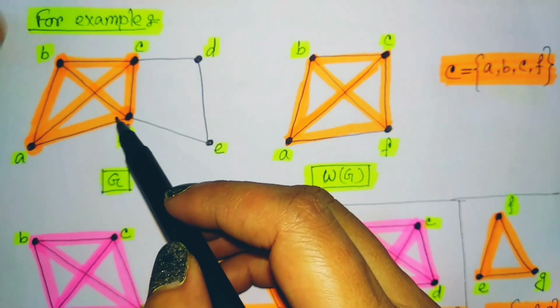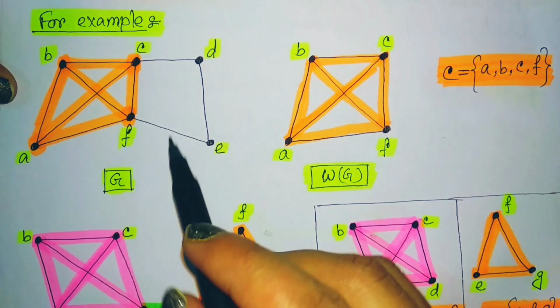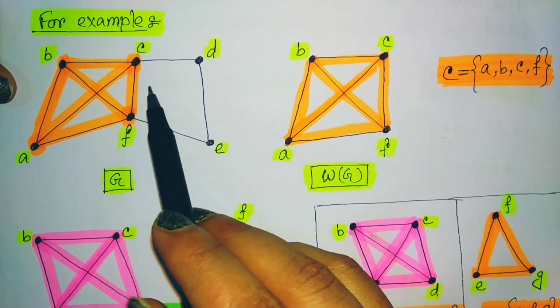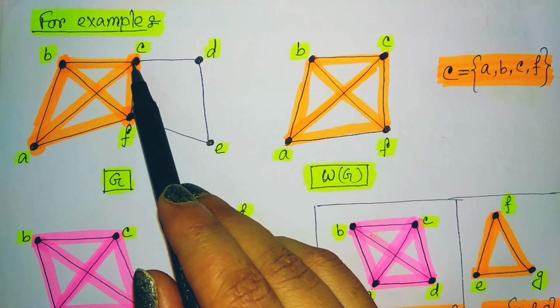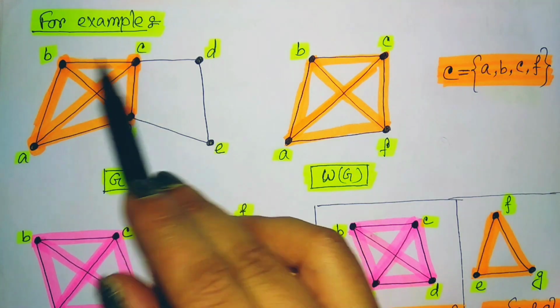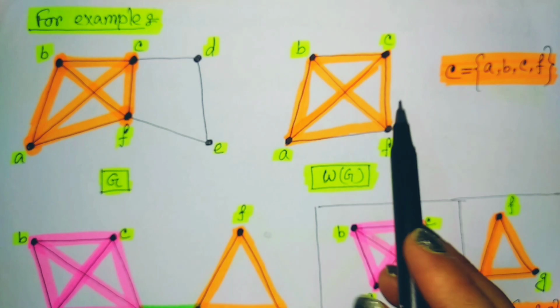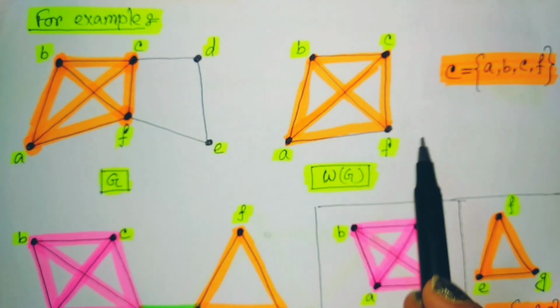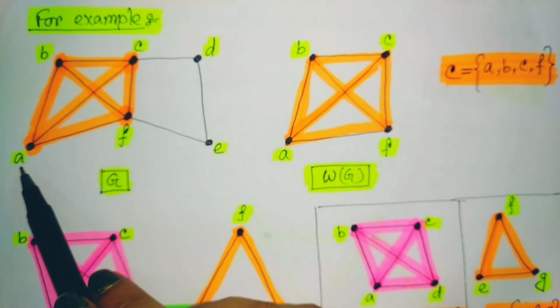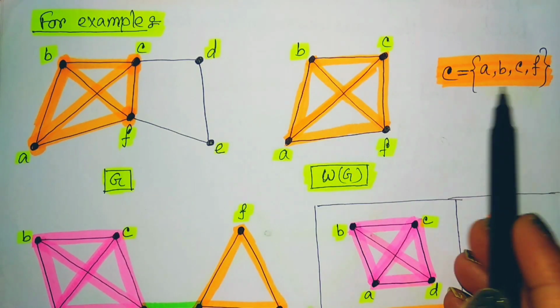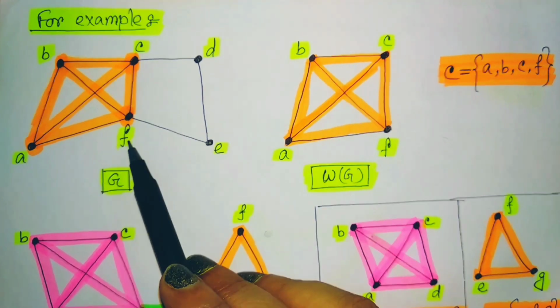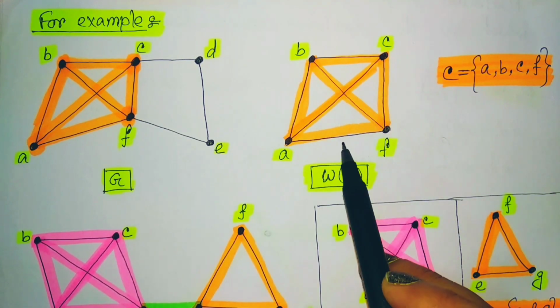So here we can find a complete subgraph, maybe this one. We can say it is a clique, and this clique contains the vertices A, F, C and B. So this is a clique for the given graph, and look, this is a complete graph.